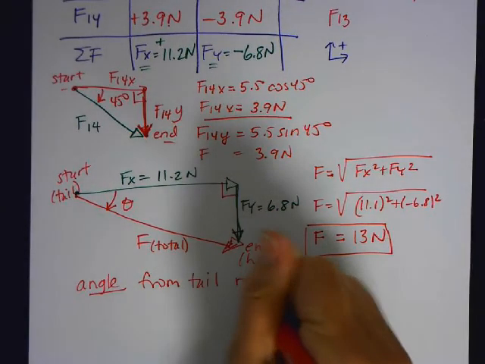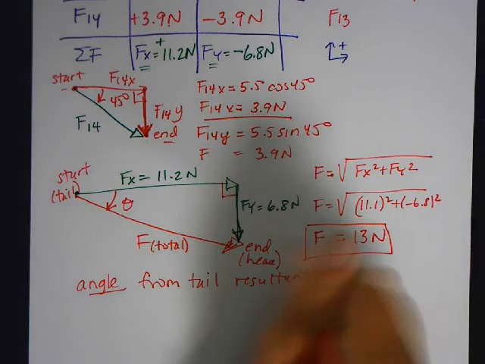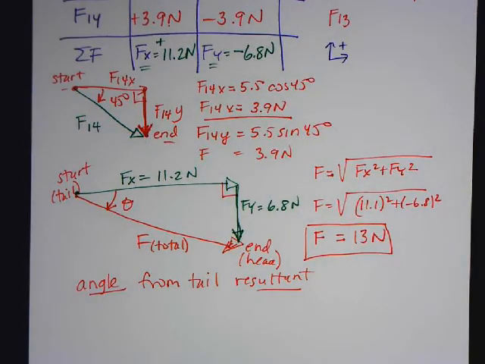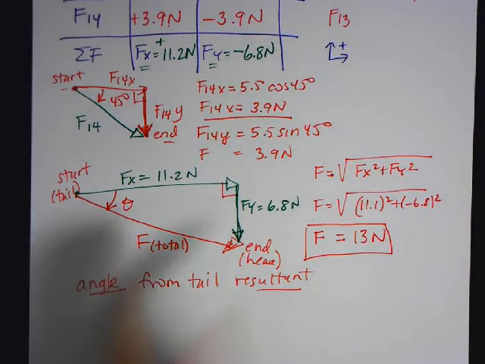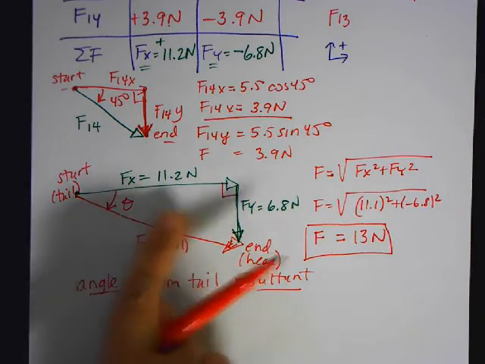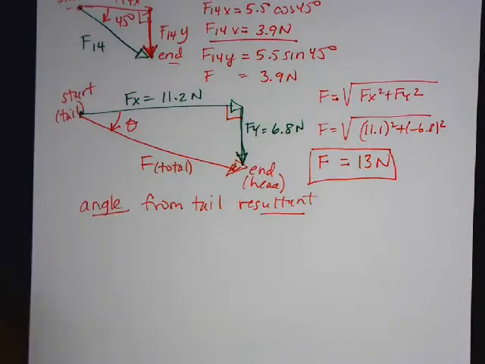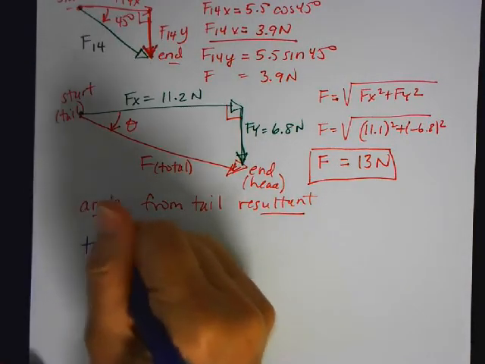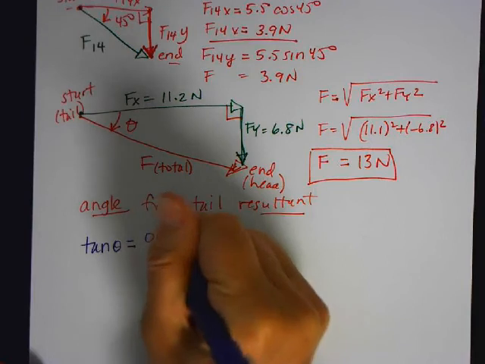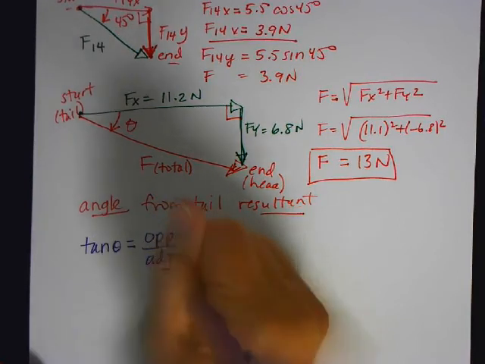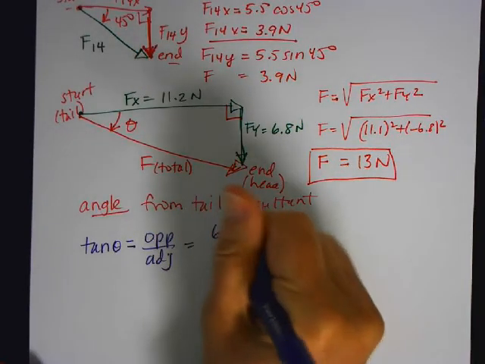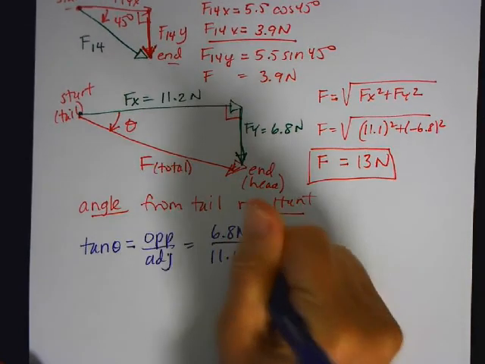Nothing changed. Remember, a force is a force. So we're going to go through our same exact steps. Because I want to find this angle, I have opposite and I have adjacent. So I'm going to use tangent. So tan of theta is opposite over adjacent, which is 6.8 over 11.1, and the newtons cancel.